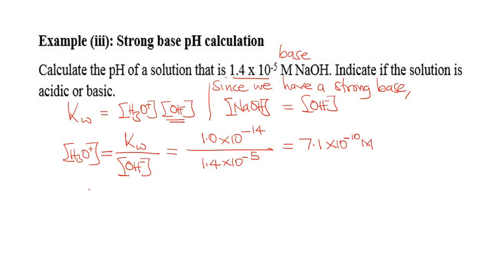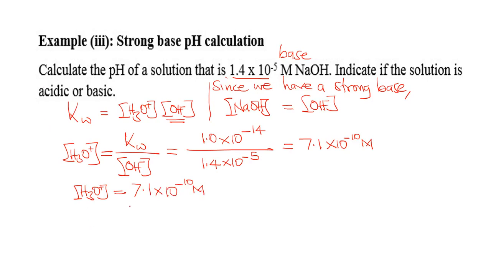So we can say that our hydronium ion is equal to 7.1 times 10 to the power negative 10 molar.